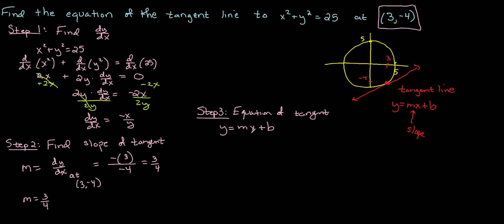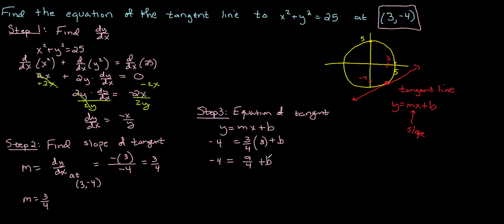And I've got a value for m. That's 3/4. I've got a value also for x, which is 3. I have no idea what b is, so I'll leave that there. And then y, they told us, is negative 4. So now we just need to solve for b. On the left-hand side, I have negative 4. On the right-hand side, I have 9/4 plus b.